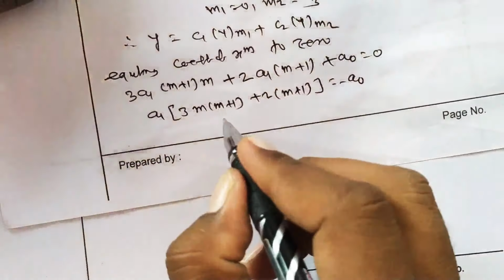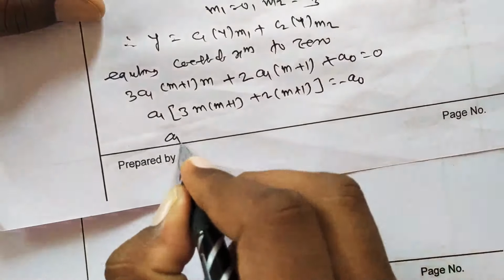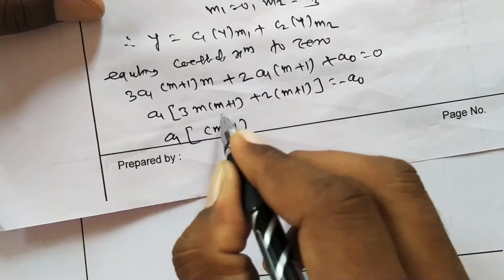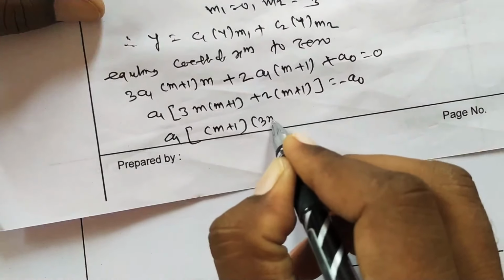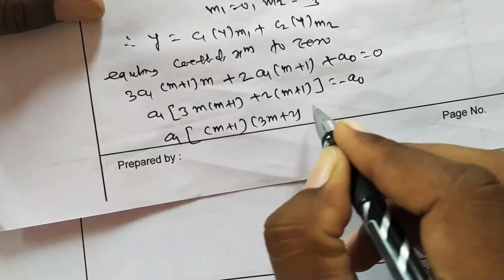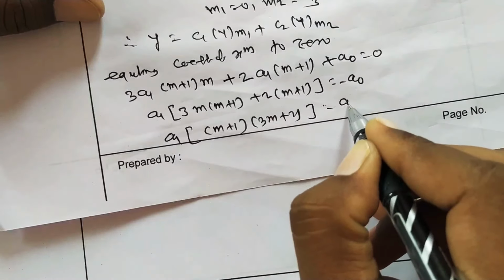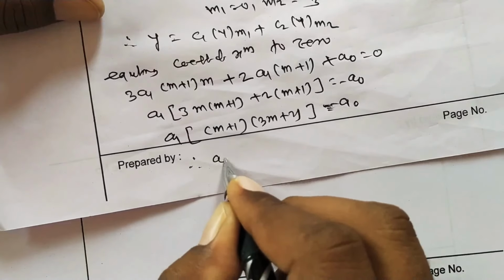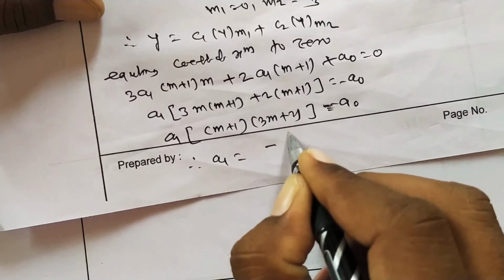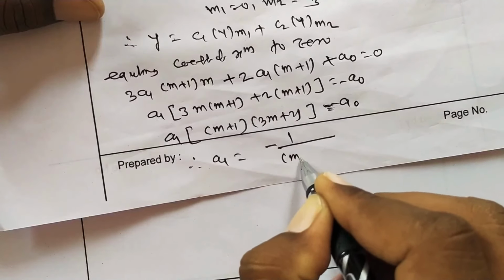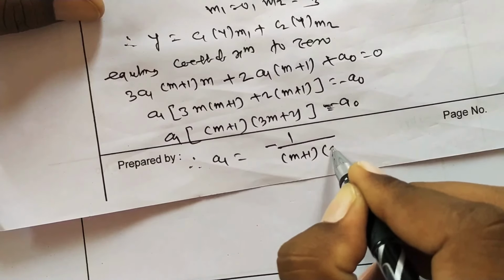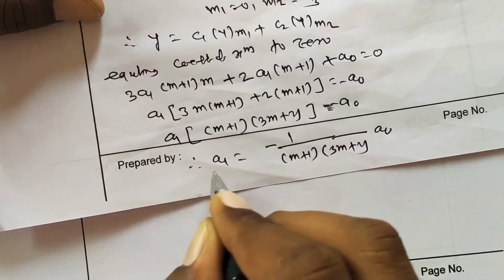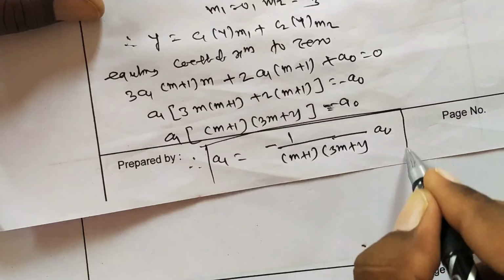So from this, if we take (m plus 1) common, a1 into (m plus 1), what remains in the bracket is 3m plus 2, is equal to minus a0, and therefore a1 is equal to minus 1 upon (m plus 1) into (3m plus 2) into a0. So this is the value of a1.